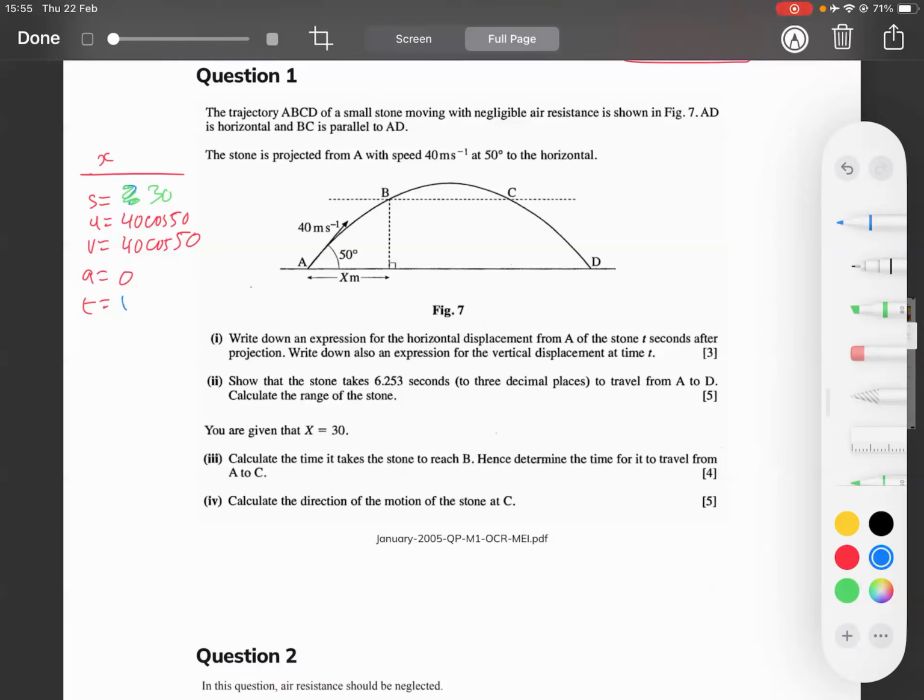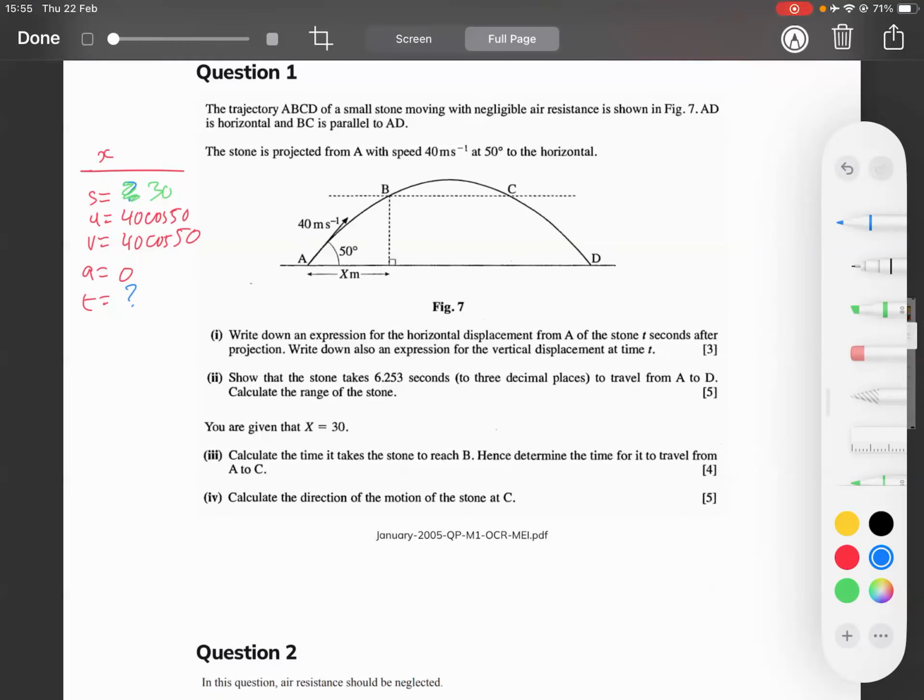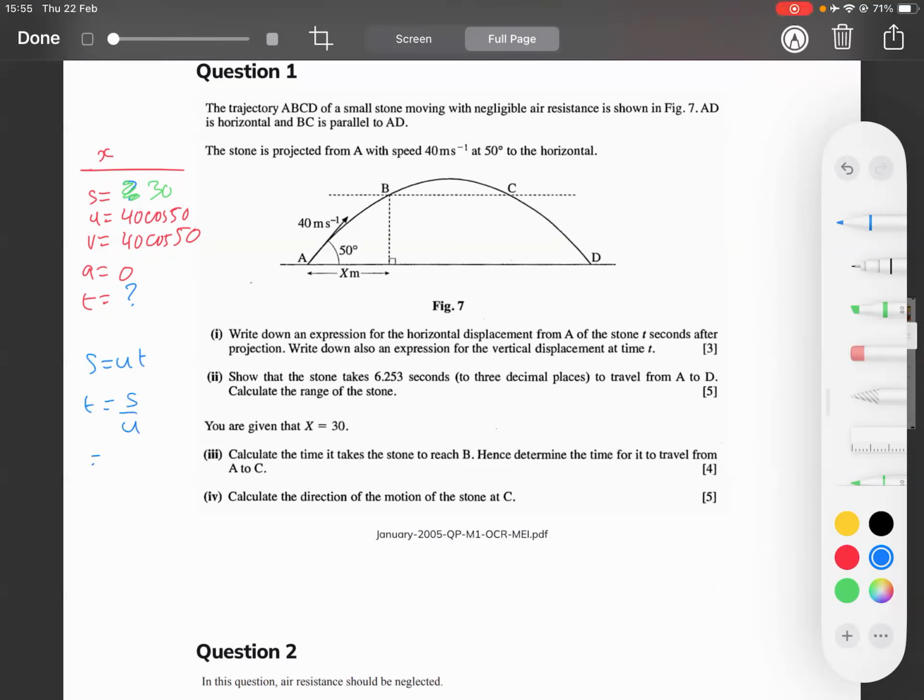Let's try and work out T. So we'll use the equation without U or without V, because otherwise there's too many of the same. So we'll do S equals UT again. So T equals S over U, which is 30 divided by 40 cos 50.